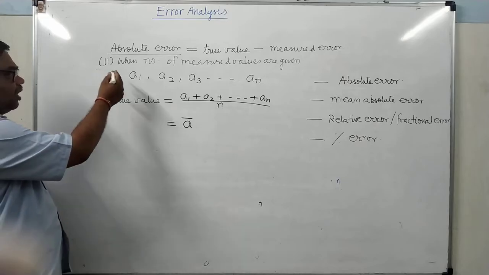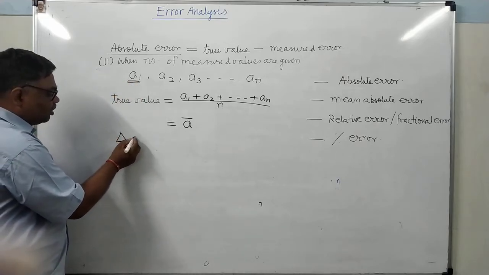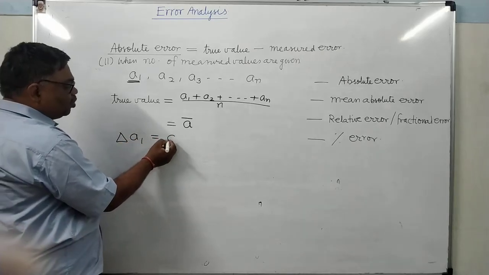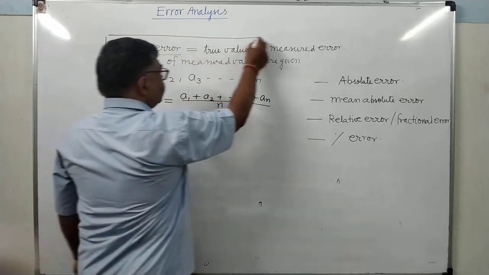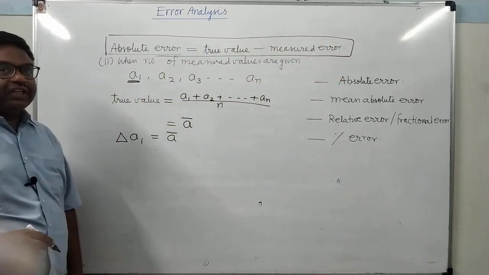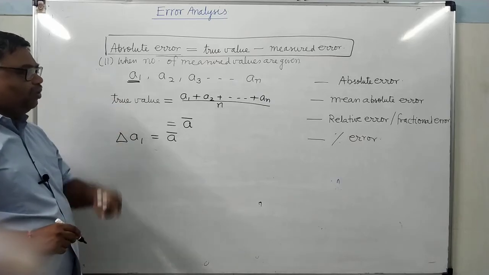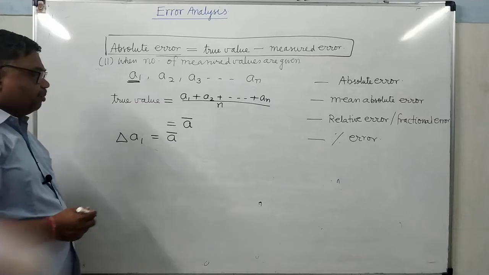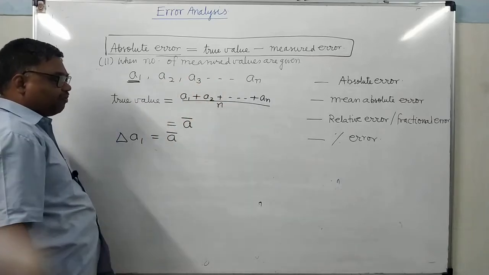So what will be the absolute error in the measurement of A1? As we know, absolute error equals true value minus measured value. If there are n observations, then the true value is taken as their arithmetic mean, that is, the sum of all the observations divided by the number of observations.